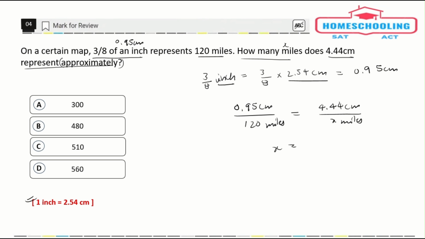So x would be 4.44 into 120 divided by 0.95. Let me put it on my calculator. So it would be 560.8. The approximate value would be around 560. So option D is your correct answer.